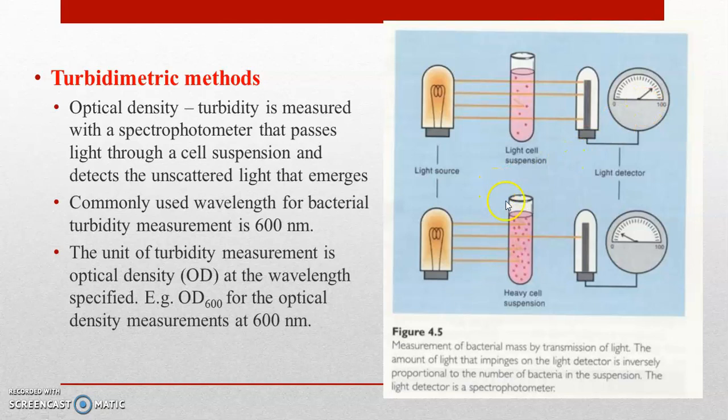And if the number of bacterial cells is more, then the unscattered light that is emerging will be less. So that is how we measure the turbidity of the sample.